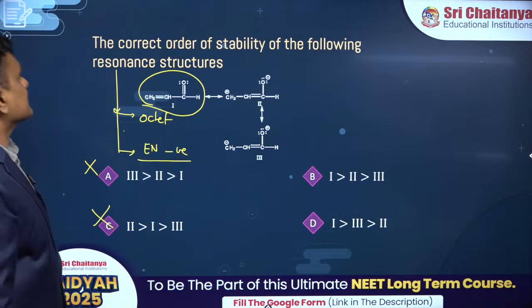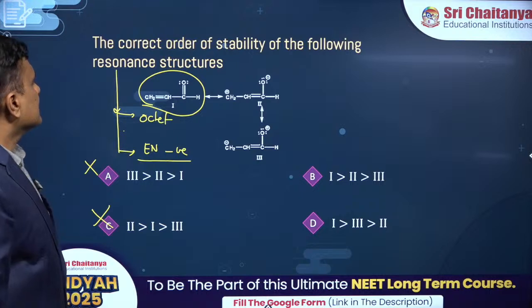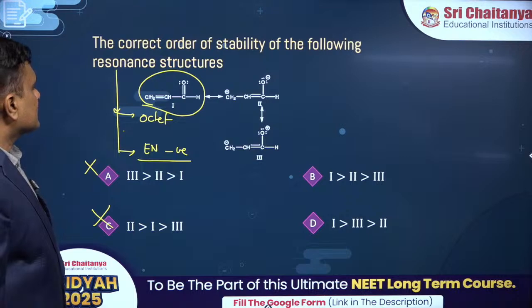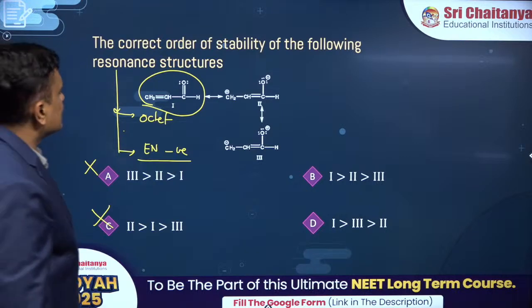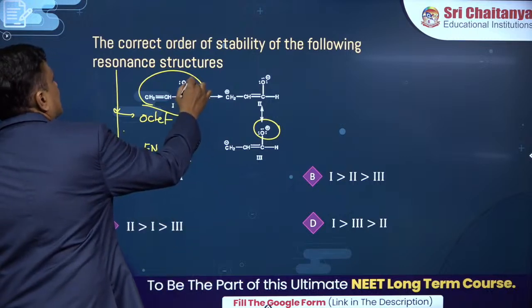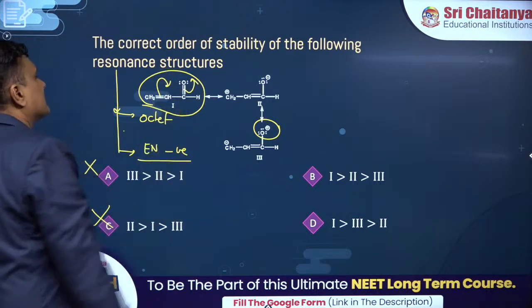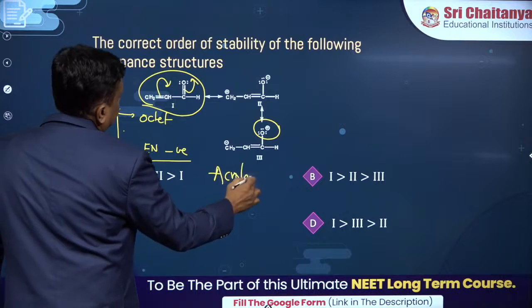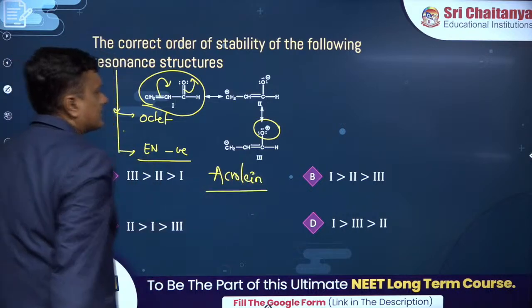Alright. Then next, in the next case, oxygen having a positive charge is something which is not acceptable. If the resonance happens, it will happen this side in acrolein, which is the common name of the compound.